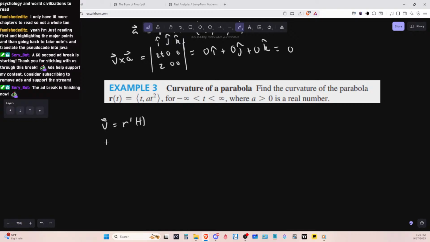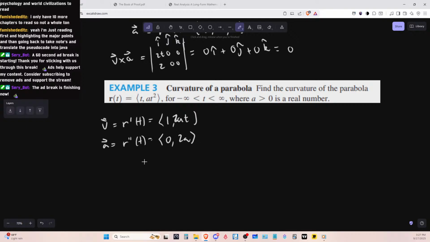So this one is 1, and A, and the next one will be 0, 2A.